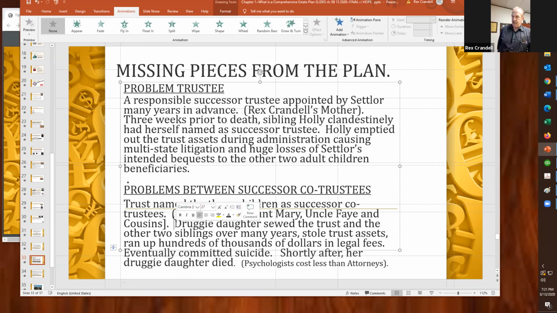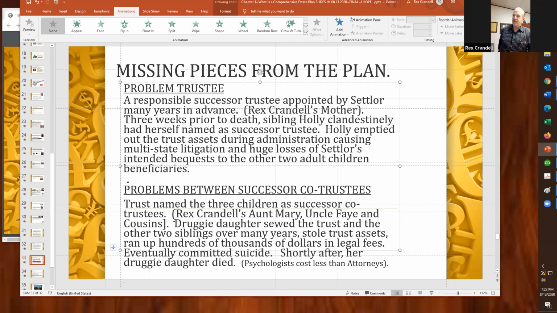The druggie daughter sued the trust over and over and over and over, stole everything that she could move, and ran up hundreds of thousands of legal fees. Eventually, she killed herself, and shortly after, her druggie daughter also died, which brings up a good point.